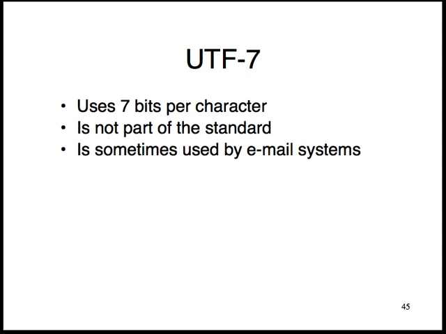If you get an email from France and the accented characters are screwed up, that's because your email system was expecting email in UTF-7 when in fact it was something else. I just mention this because it's still around. People still use it. And as we saw in text messages, 7-bit systems are still in use.